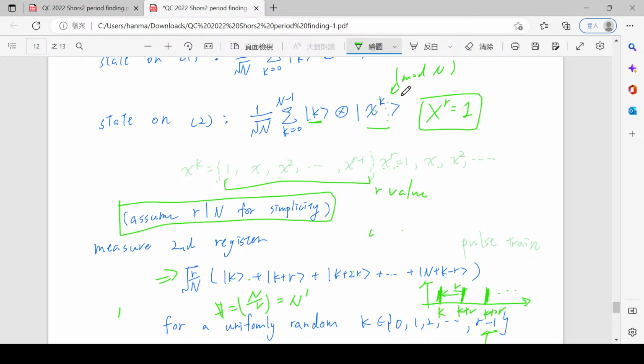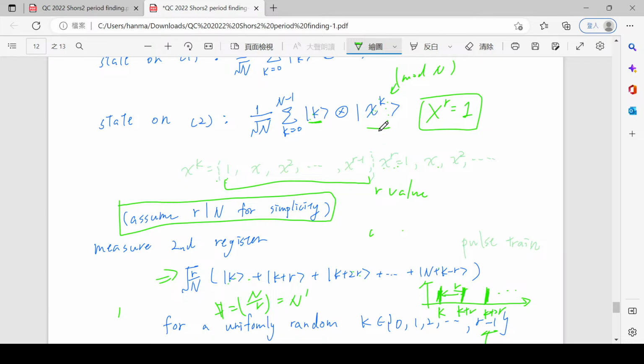Then you are going to project this x to the k to one of the r possible values, because there are only r possible computational values. And if you project this to the value, then you will also collapse. Sorry, I should say collapse instead of project, although I am thinking about the same thing.